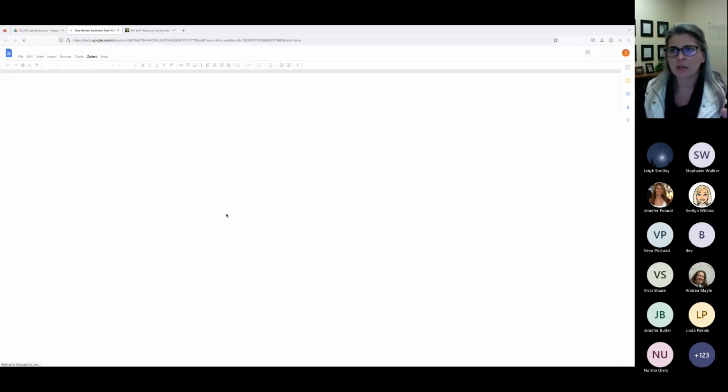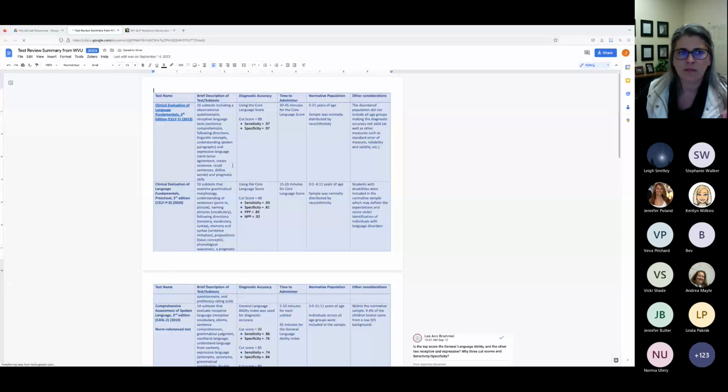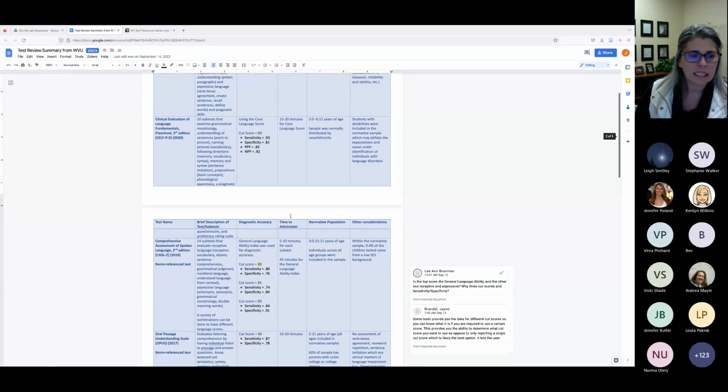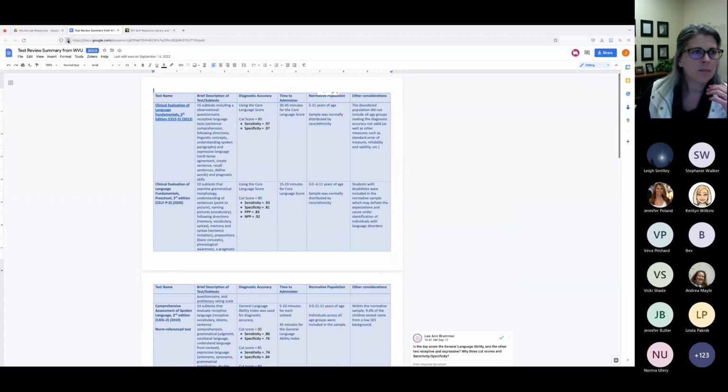We'll keep adding to it as we find other tests, but this is a summary of the psychometric properties of different standardized tests that you might have related to language primarily, but we could add other things to it too. So that document is there.